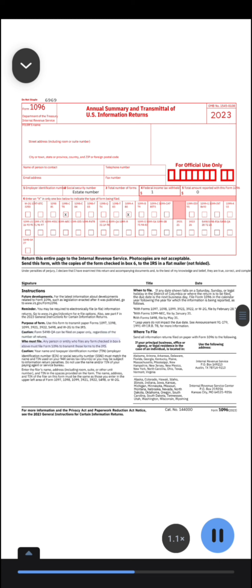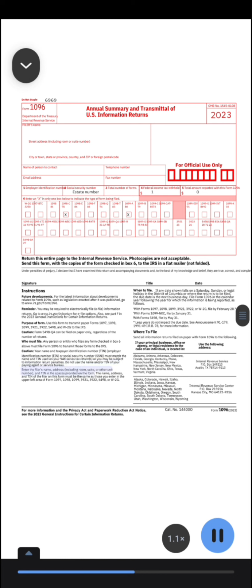Who must file? Any person or entity who files any form checked in Box 6 above must file Form 1096 to transmit those forms to the IRS. Caution: your name and taxpayer identification number (TIN), employer identification number (EIN), or Social Security number (SSN) must match the name and TIN used on your 94X series tax returns, or you may be subject to information return penalties.